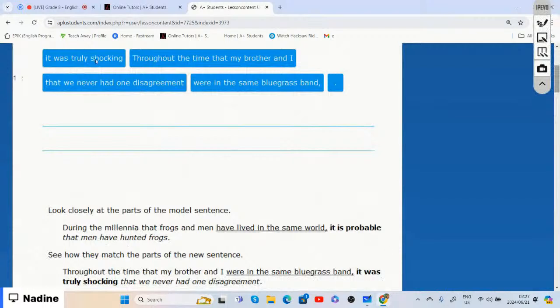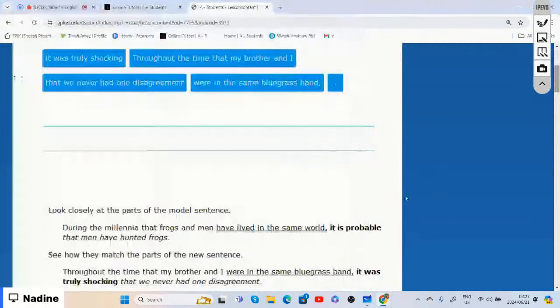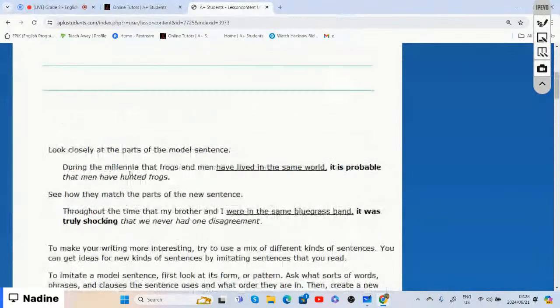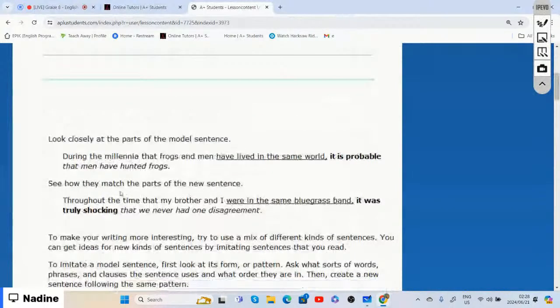If we look closely at the parts of the model sentence as well as how they match the parts of the new sentence, then we can look at the words that are similar or how the phrases are the same.